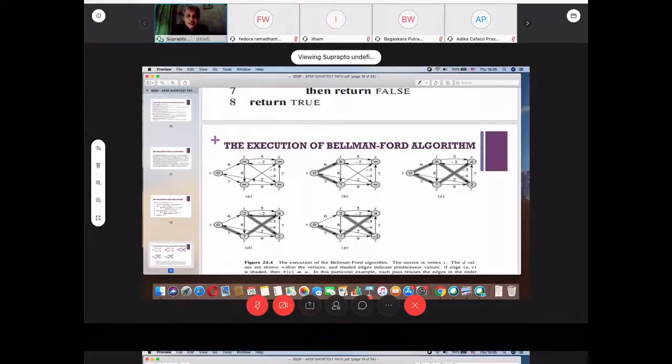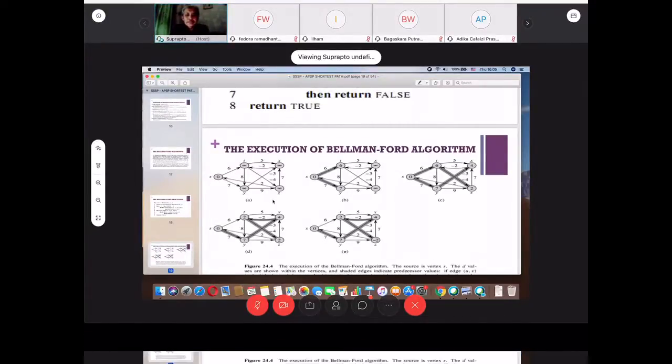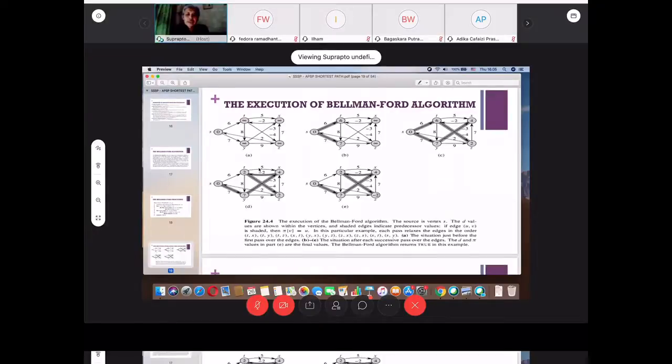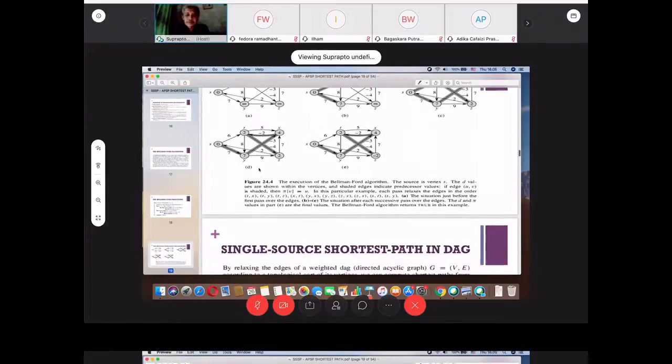But among them, there is no negative weight cycle visible from S. So, according to the algorithm, the solution does exist.